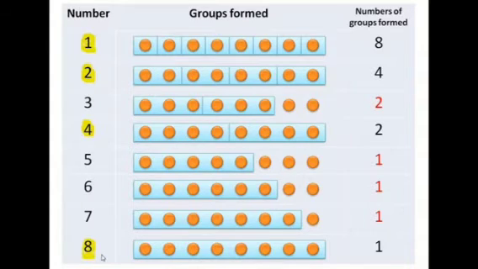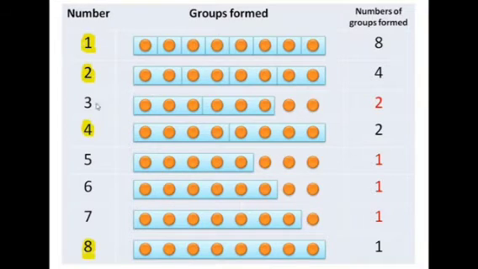So, in mathematics, these 1, 2, 4 and 8 are factors of 8 because I have taken 8 beads. So 1, 2, 4 and 8 are factors of 8. Why are they factors of 8?